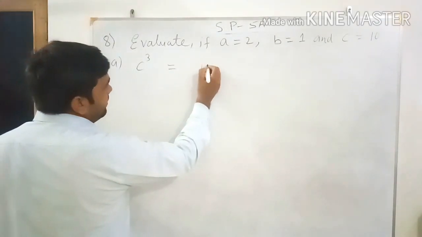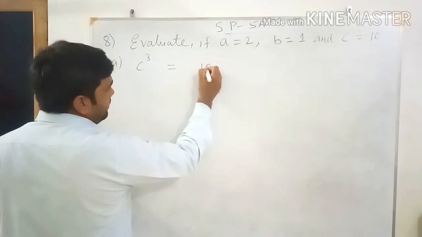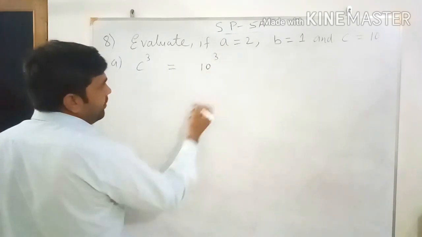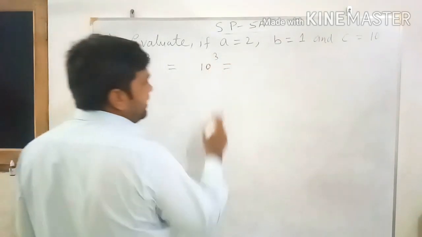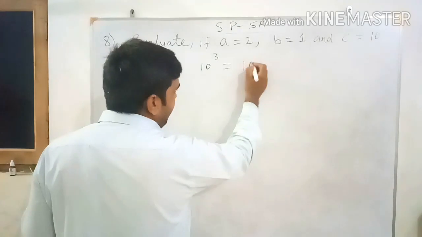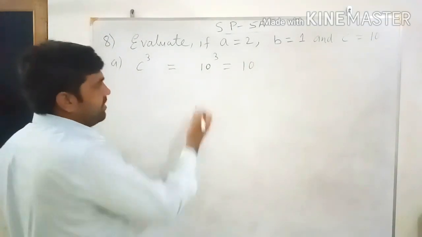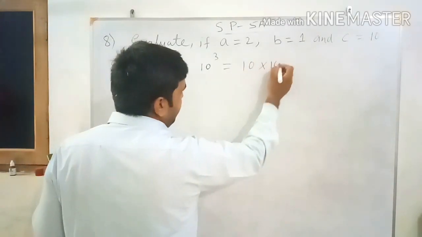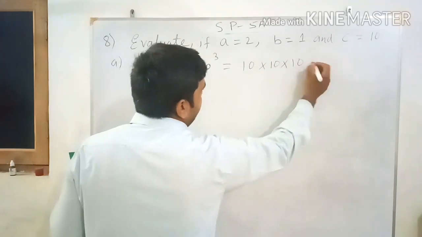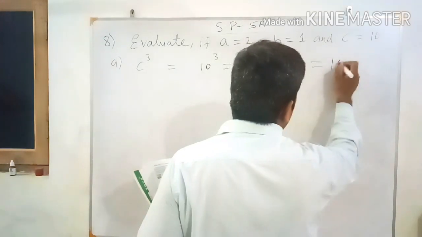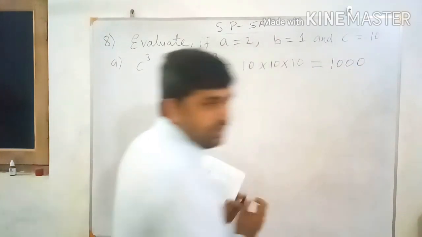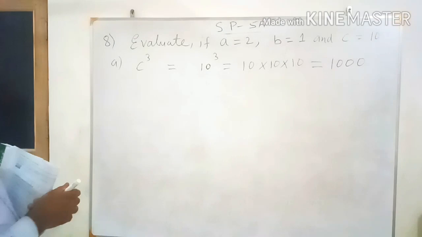So c cube means 10 cube. In the exponent we have studied that 10 to the power 3 means multiplying the base 10 by itself 3 times. 10 cube means 10 multiply 10 multiply 10. So it will give you 1000. 10 tens are 100, 100 tens are 1000.